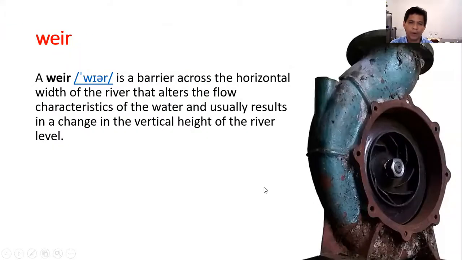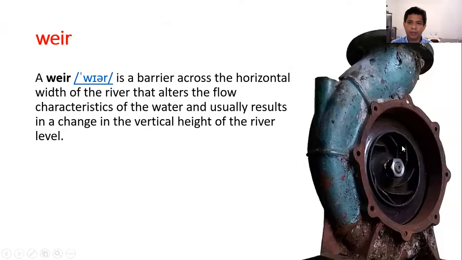So a weir is defined as a barrier across the horizontal width of a river. It could be a river, a distillation column, or a rectangular pipe system. It alters the flow characteristic of the liquid and usually results in a change in the vertical height of the liquid level.